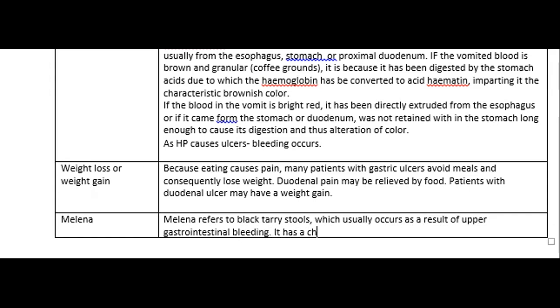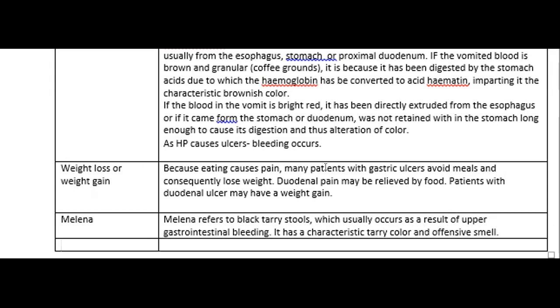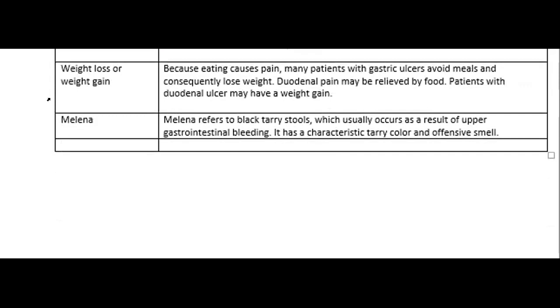It has a characteristic tarry color and offensive smell, and this is also because of blood mixed in the stools.